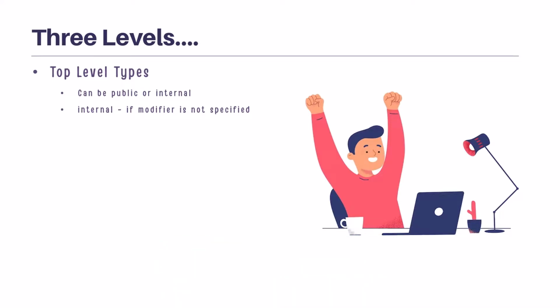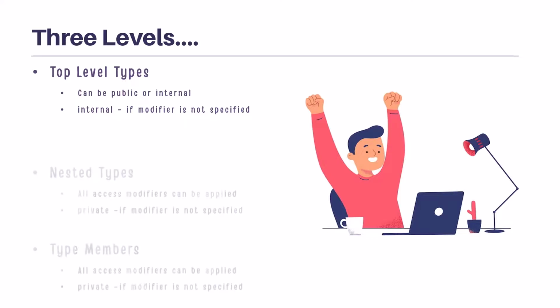With the top level types, if no access modifier is specified, then internal is the default accessibility level of that type. Now public types can be accessed from anywhere in the application, while internal top level types can be accessed only from within the same assembly in which they are defined.